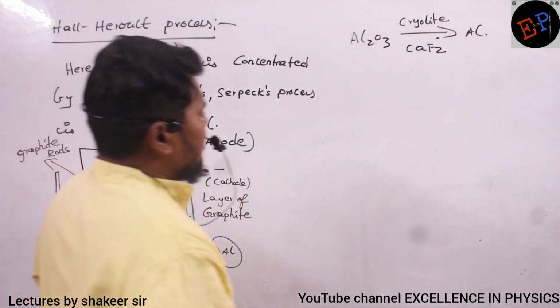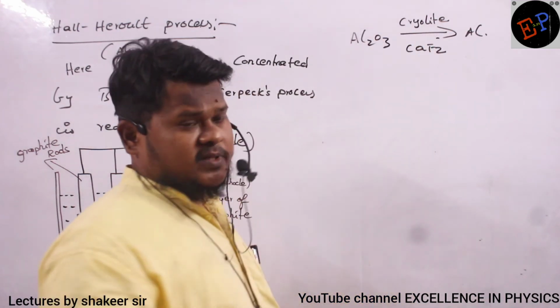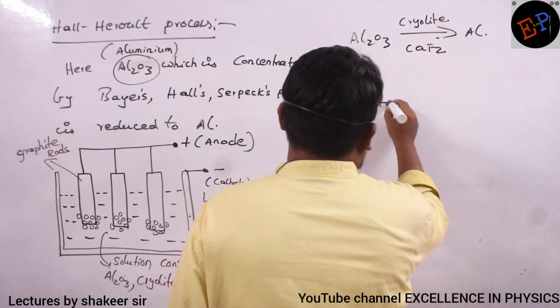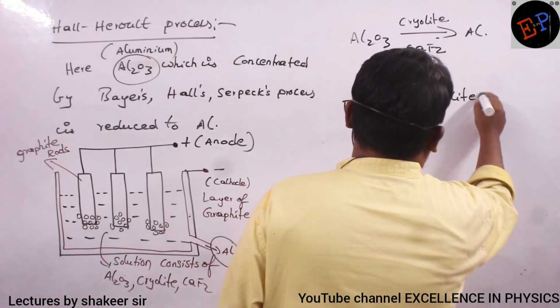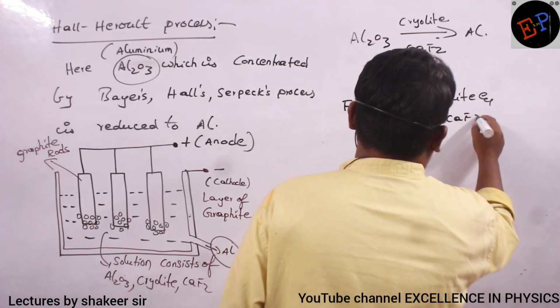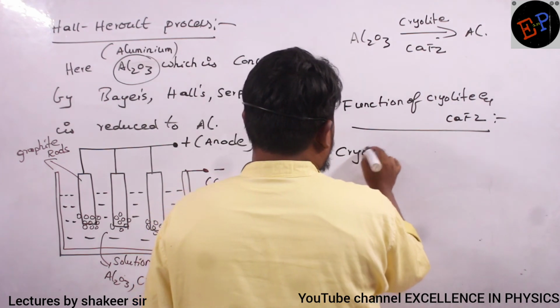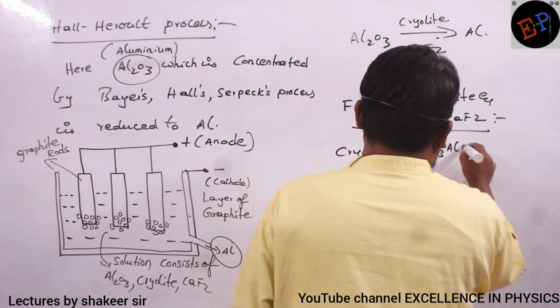Here questions can be asked on the function of cryolite and CaF2. Questions will be asked on this one. So let us write what is the function of cryolite and CaF2. What is meant by cryolite we have already studied.